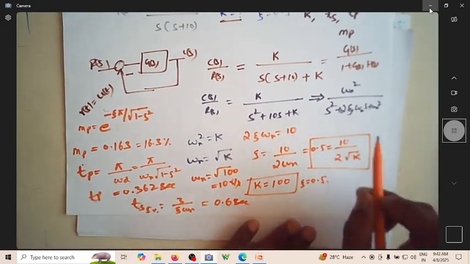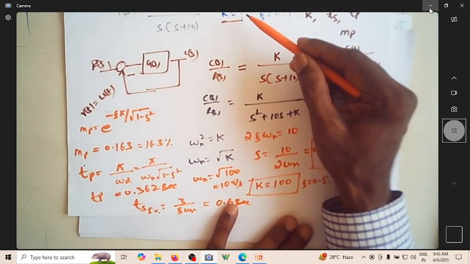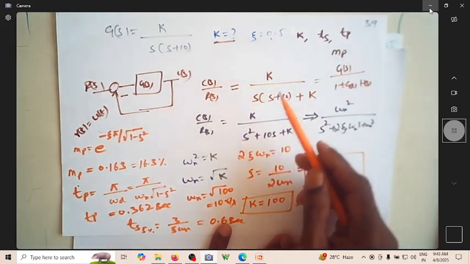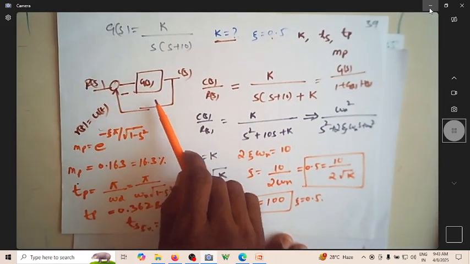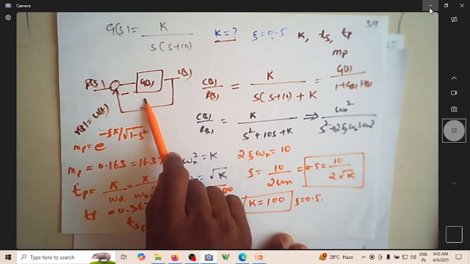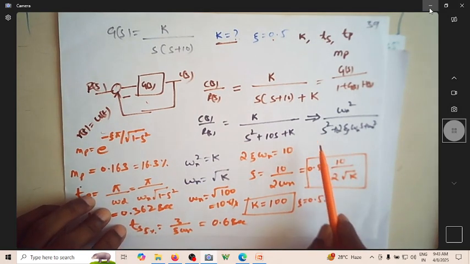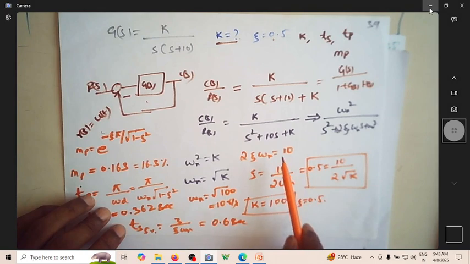So in this problem, we were asked to find the value of k so that zeta is 0.5. We obtained the transfer function for this block diagram and equated it to the standard second order transfer function. The coefficient of s is 10 here, and there it is 2 zeta omega.